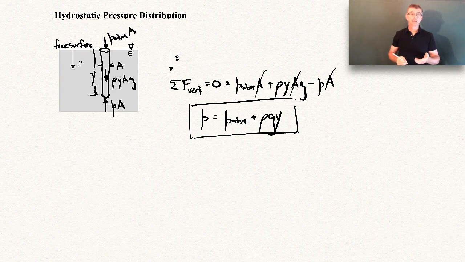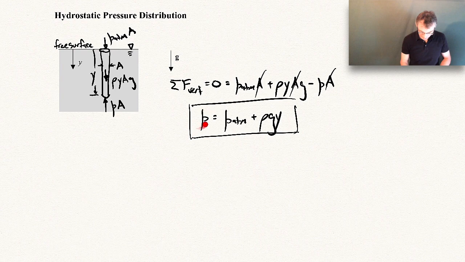This is why, if you've ever gone swimming in a swimming pool or the ocean, when you dive down deep into the water, you feel the pressure increasing inside your ears, right, on your eardrums. The reason for that is that the pressure has to support the weight of all the fluid sitting above it. So that's why pressure increases the deeper you go. And you can see that here in this equation.